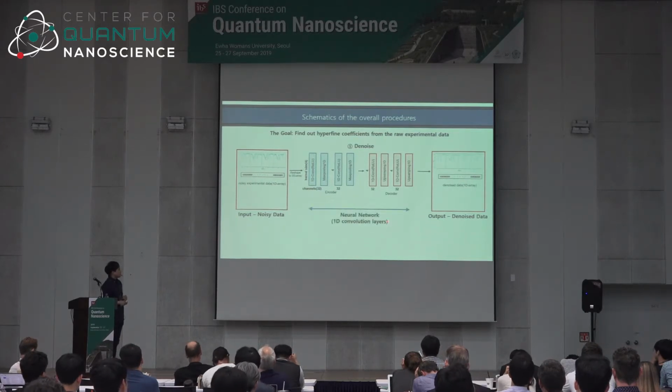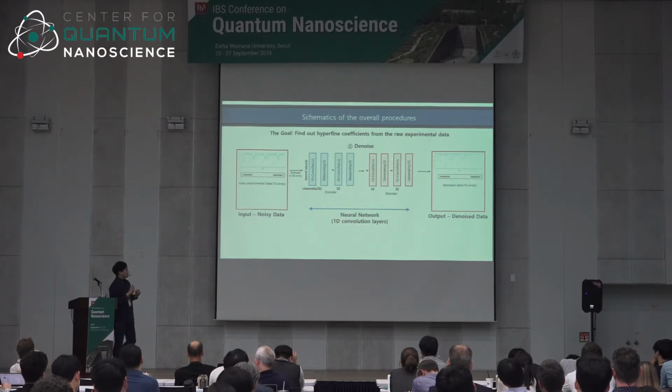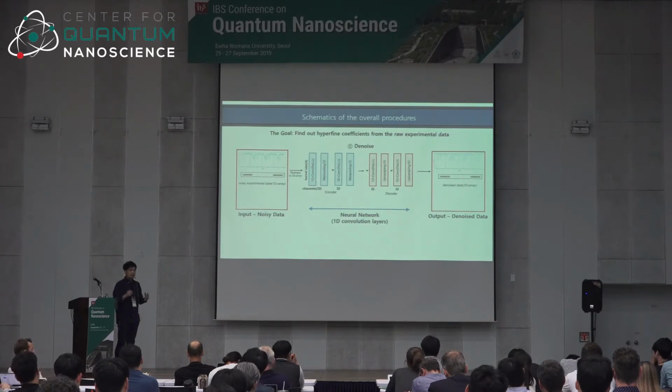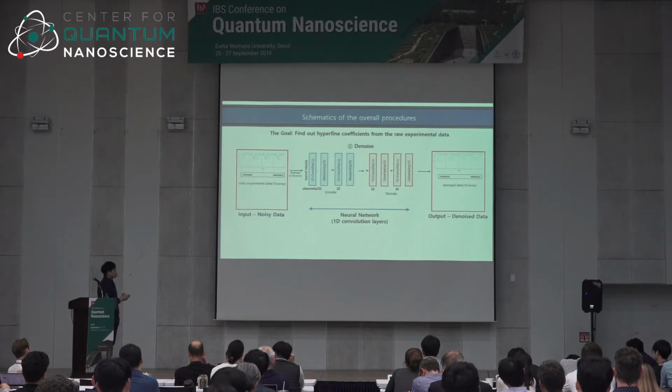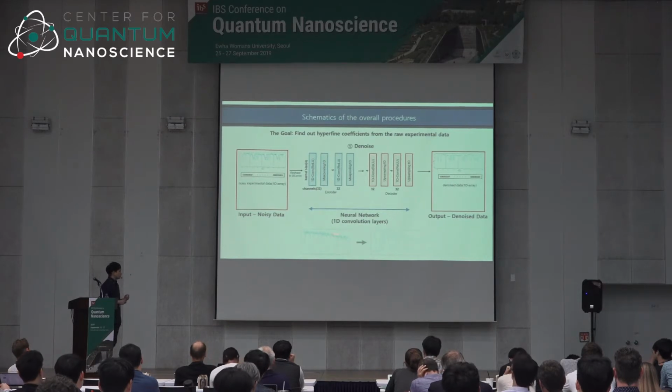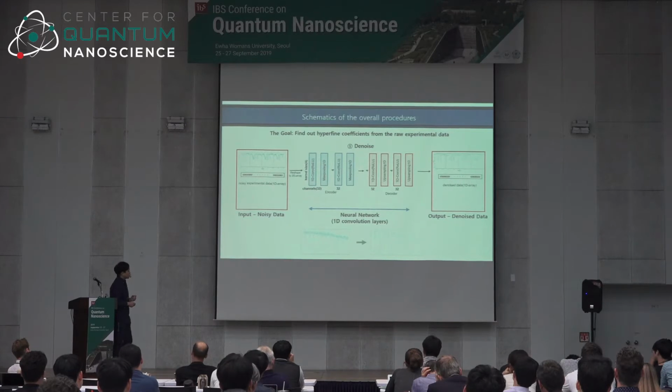And we set the neural net. You can see the 1D convolution layers here. That is the very typical neural net layer to analyze one-dimensional arrays, like voice signals or language processing. So we use that to denoise, and this is the kind of result. If we feed the noisy data to the neural net, we get this pure data.